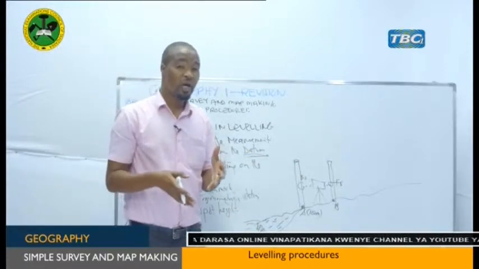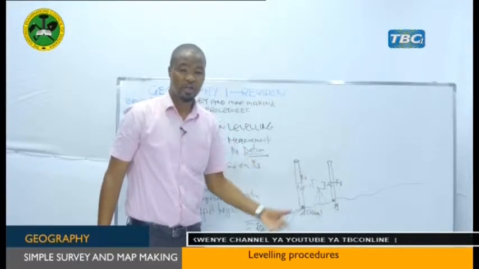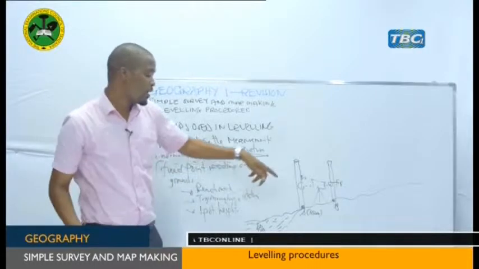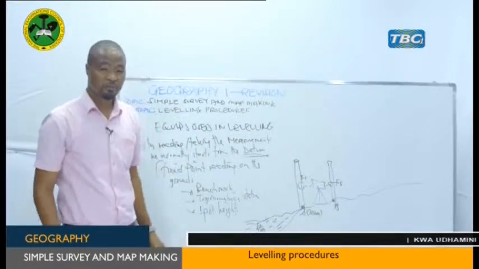Later we will see how to find the position of point B in terms of its height by considering the datum point, with the help of the leveling staff and the spirit level.